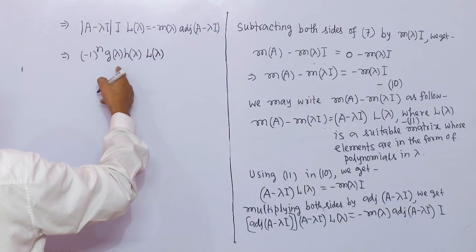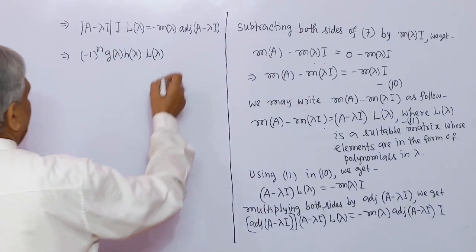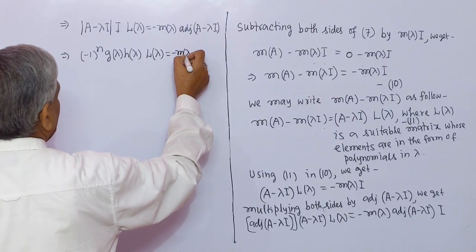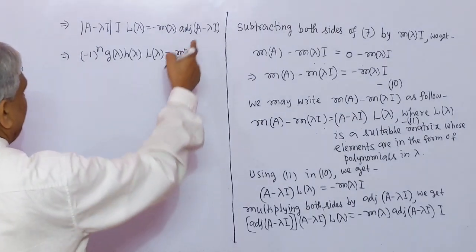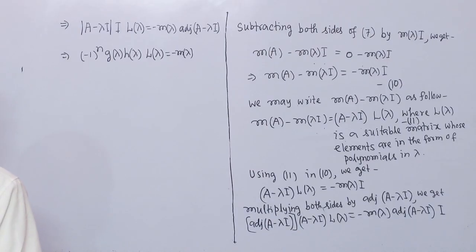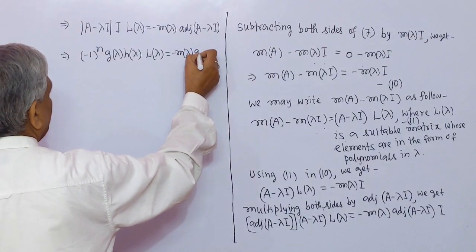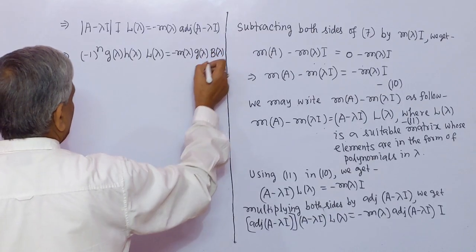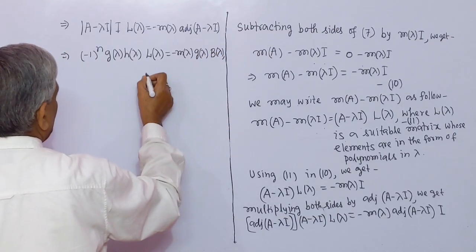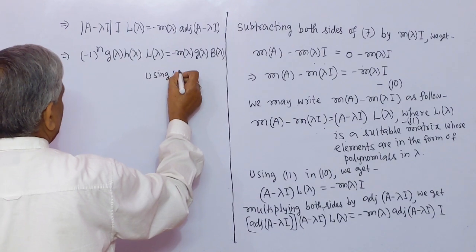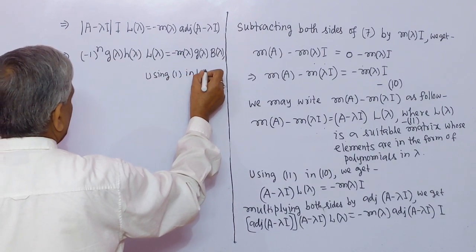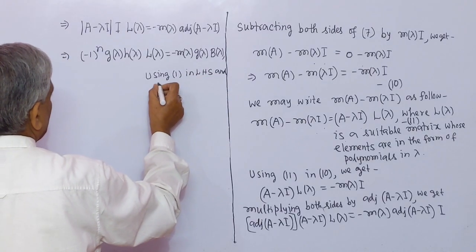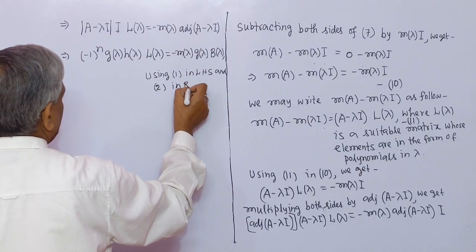This is using 1, and minus m lambda adjoint of A minus lambda I is g lambda multiply B lambda, using 1 in left side and 2 in right side.